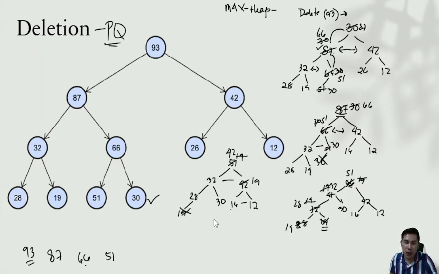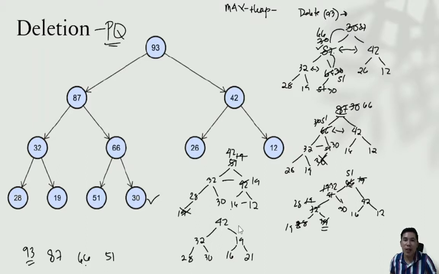So therefore our heap now would be 42, 19, 16, and 21, and then you have here 32, and then 30.